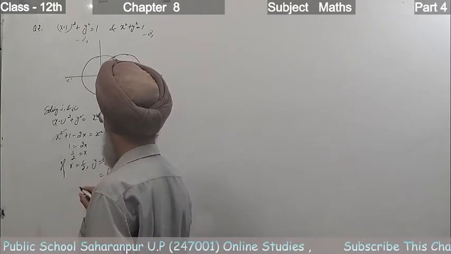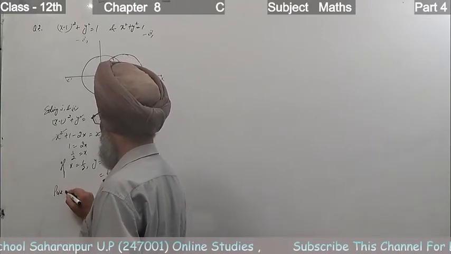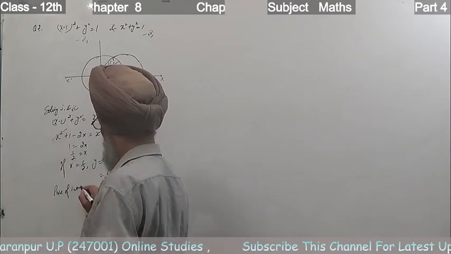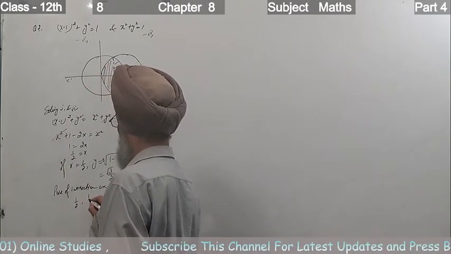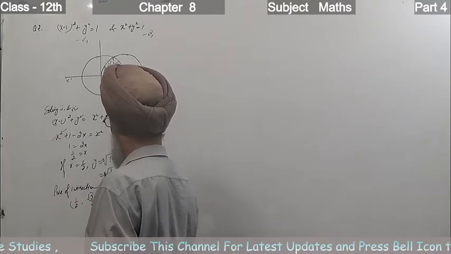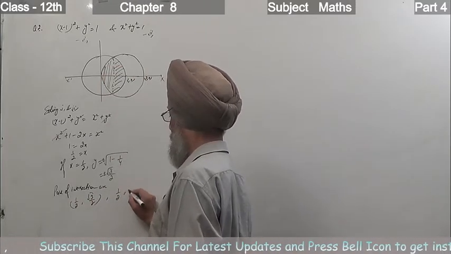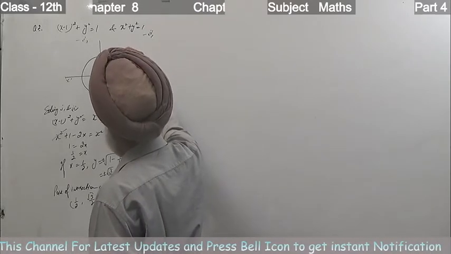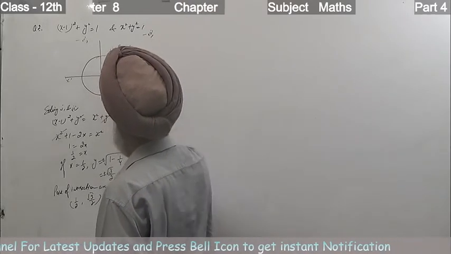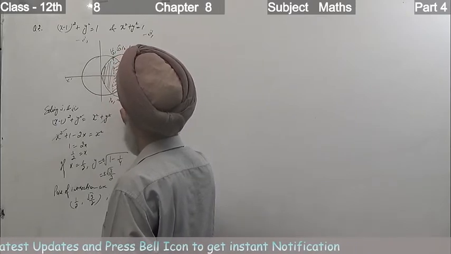So, the points of intersection are (half, root 3 upon 2) and (half, minus root 3 upon 2).